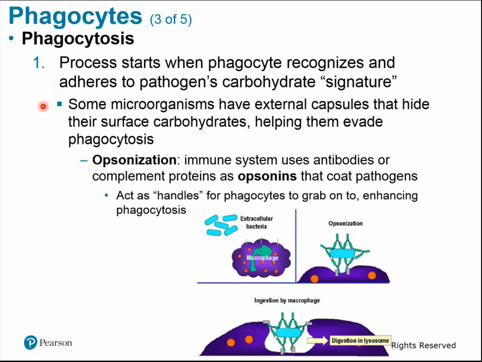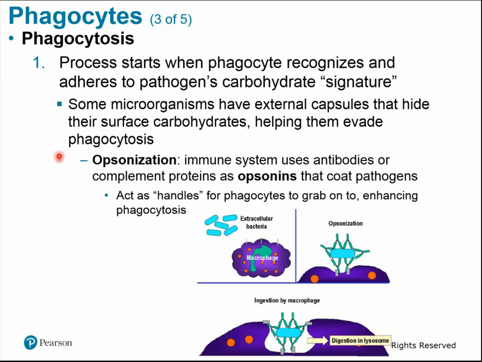Some bacteria and microbes have evolved a counteraction to our phagocytes by developing what's called a capsule that's going to obscure and hide those surface markers. So it helps them go undetected by the phagocytes.